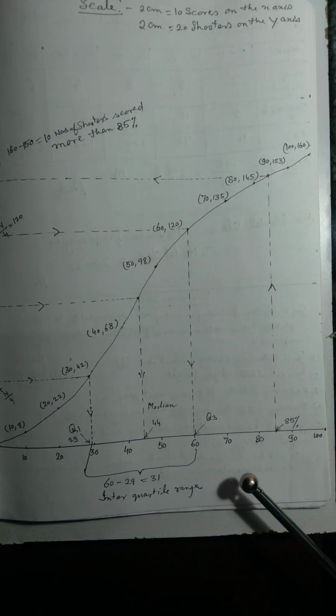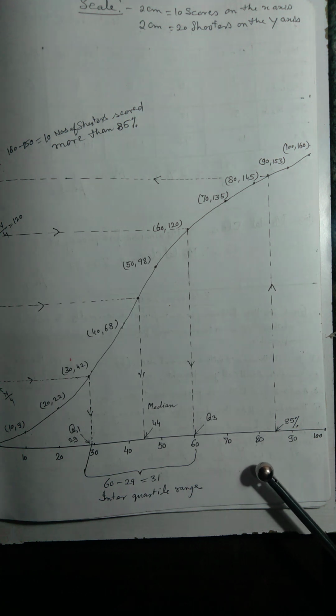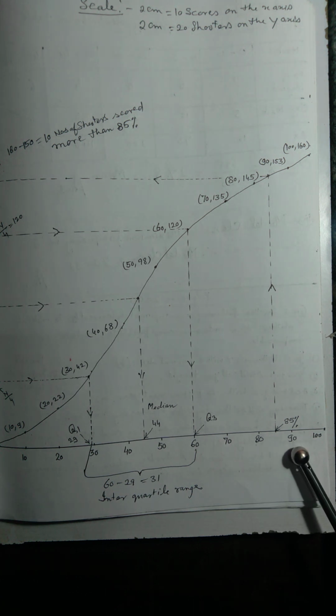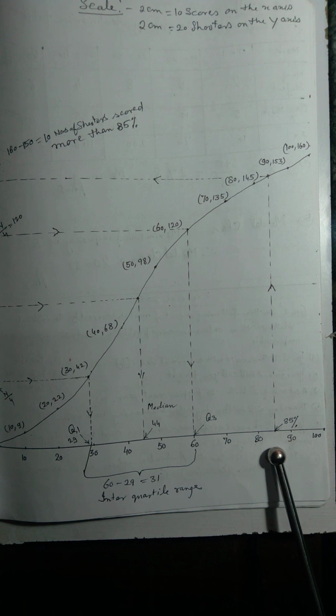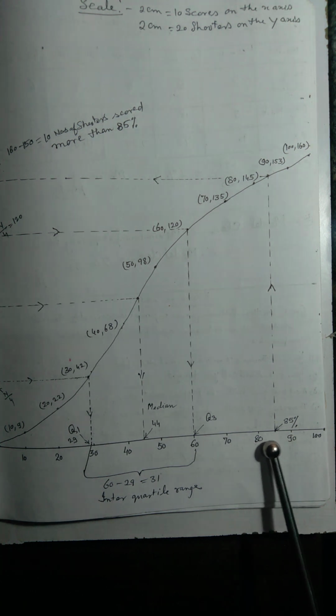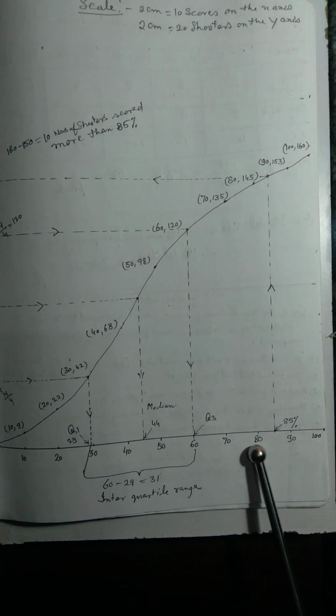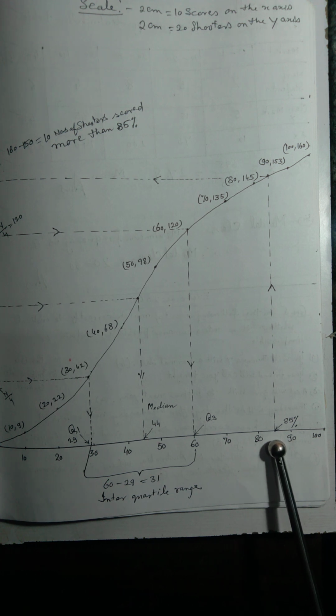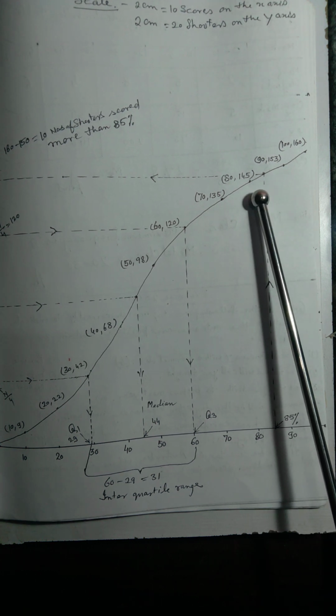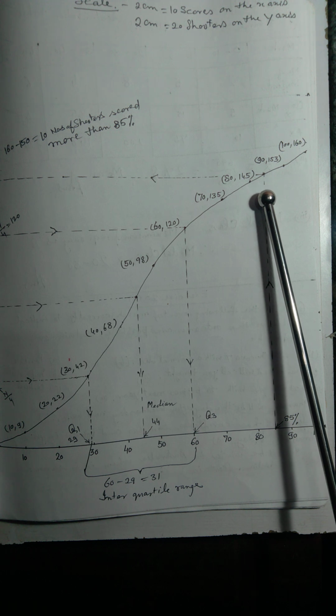Now, the number of shooters who obtained scores more than 85%. First of all we have to locate the point 85 on the x-axis. From this point you draw a line parallel to the y-axis which intersects the ogive curve at this point.